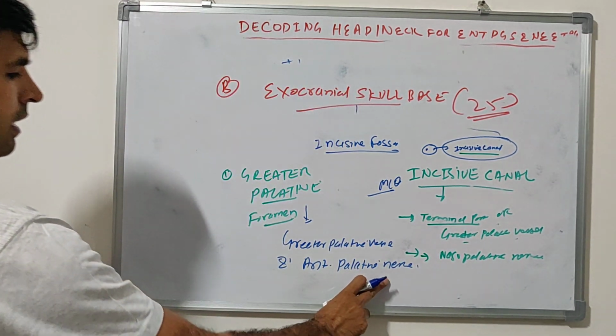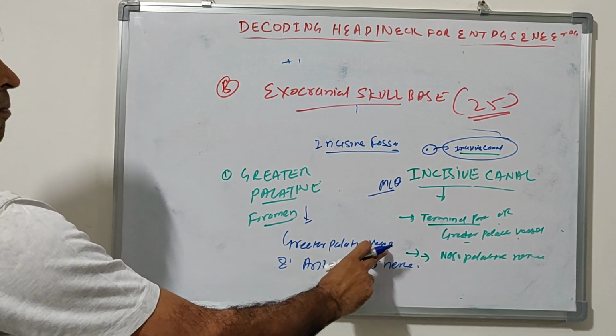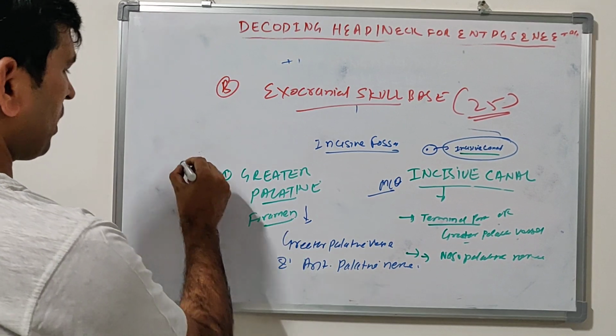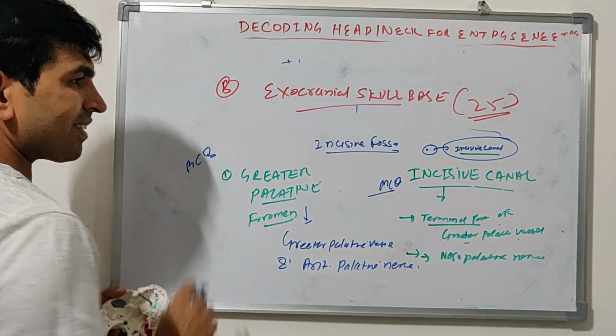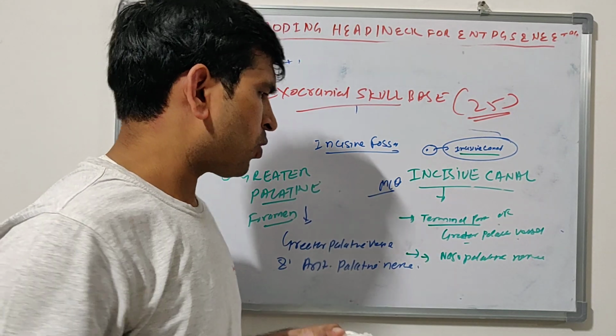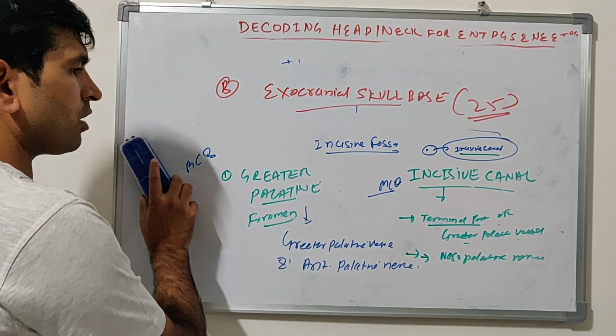Okay, the anterior palatine nerve and greater palatine vessels pass through this greater palatine foramen, MCQ. So you have to understand this. You don't have to make mnemonics and all that. You have to just understand. You will get it.